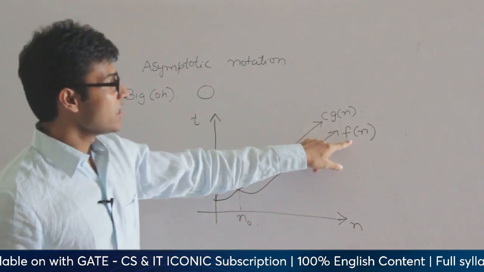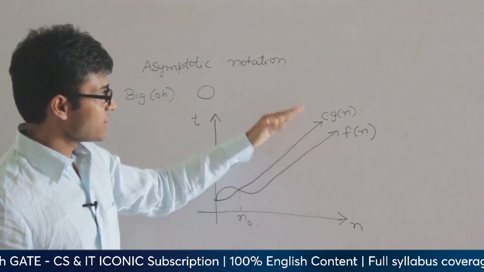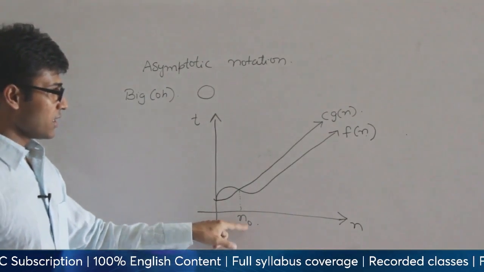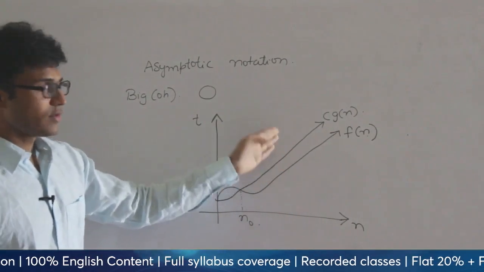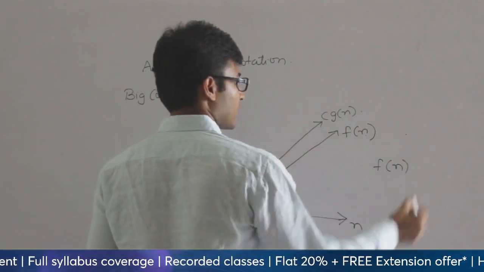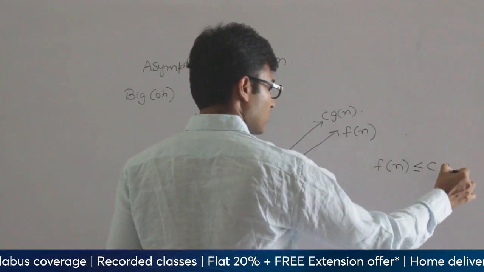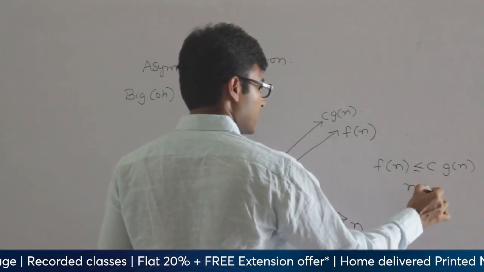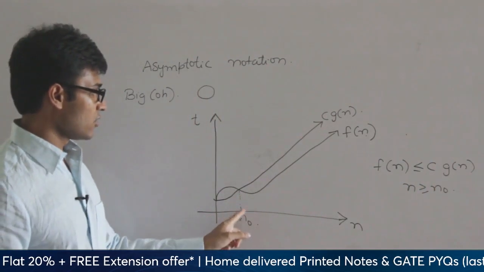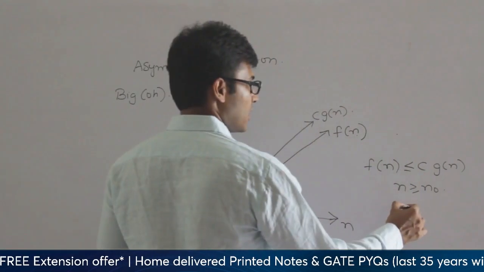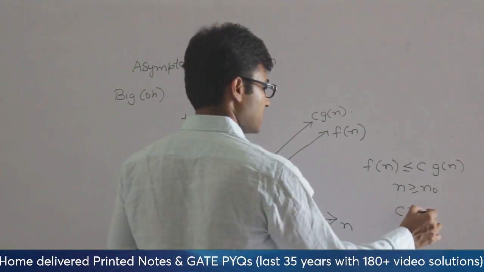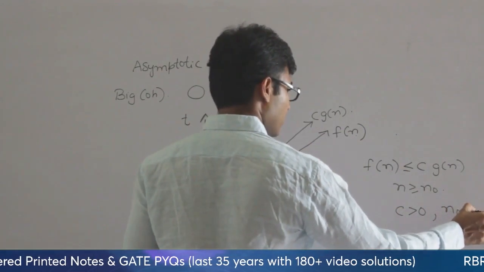After finding this, if you can bound that function by some other function c into g of n in such a way that after some input n naught, the value of c into g of n is always greater than f of n, which means f of n is less than or equal to c into g of n for all values of input greater than or equal to n naught, where c and n naught are real numbers, c is greater than 0 and n naught is greater than or equal to 1.